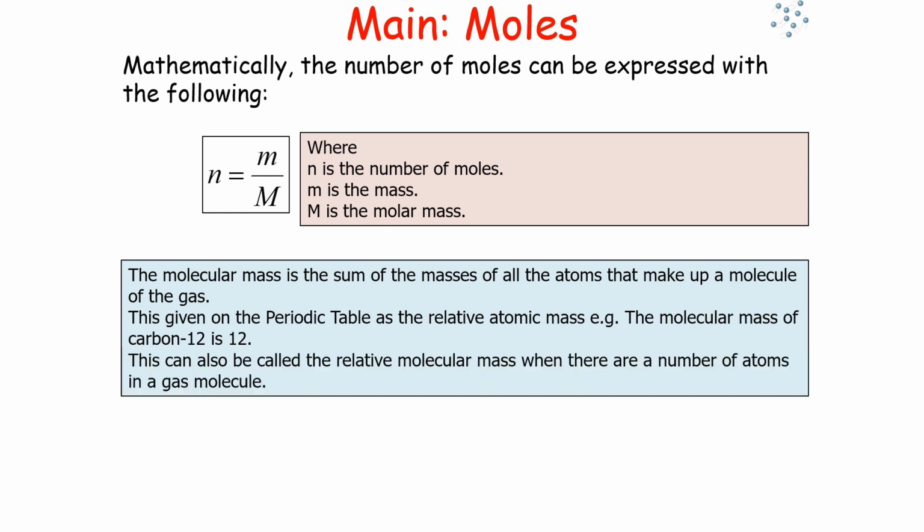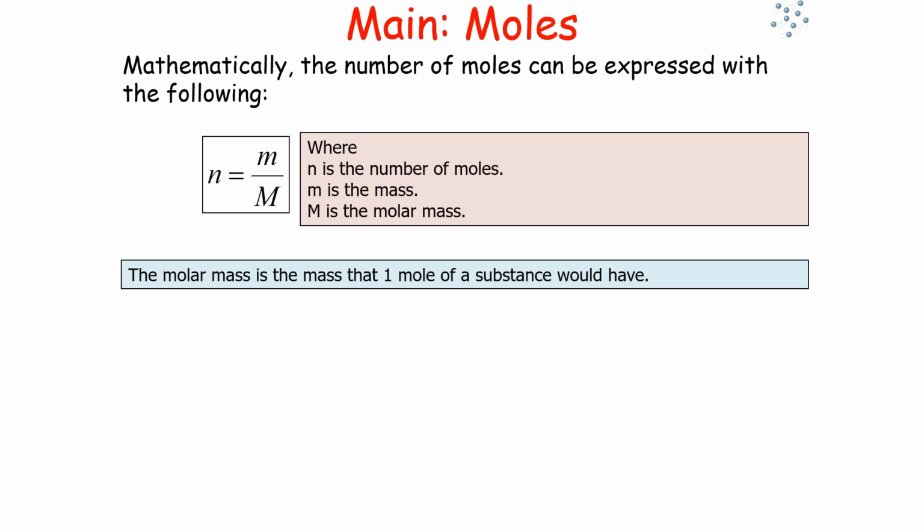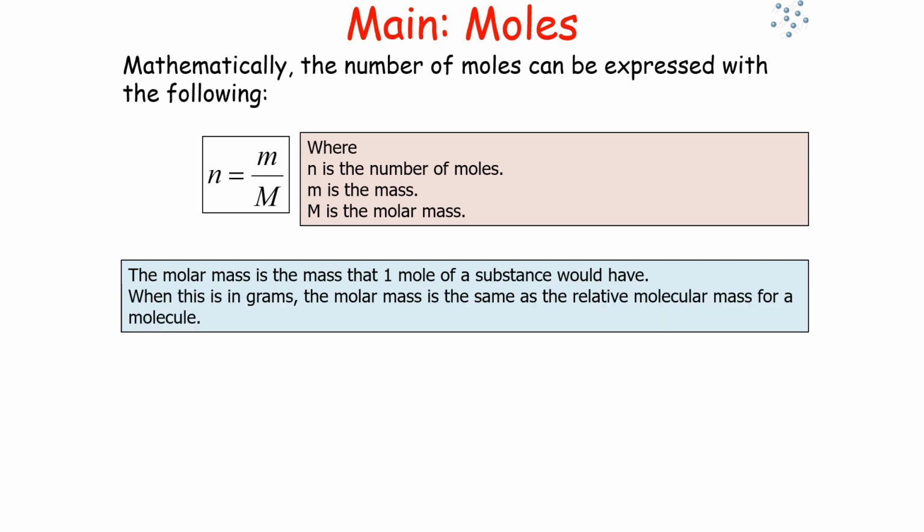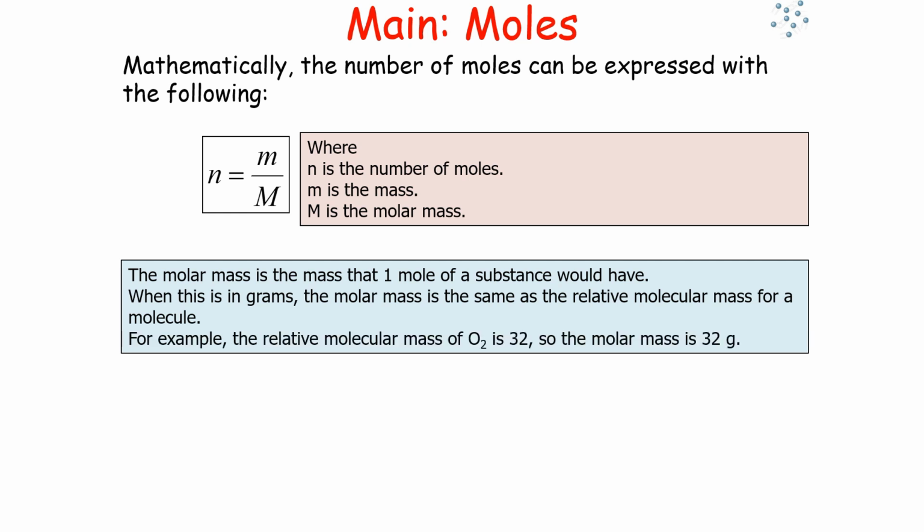This can also be called the relative molecular mass when there are a number of atoms in the gas molecule. This links to the molar mass because the molar mass is the mass that 1 mole of a substance would have. When this is given in grams, the molar mass is the same as the relative molecular mass for a molecule. So for example, the relative molecular mass of O2 is 32. This means that the molar mass of O2 is 32 grams.